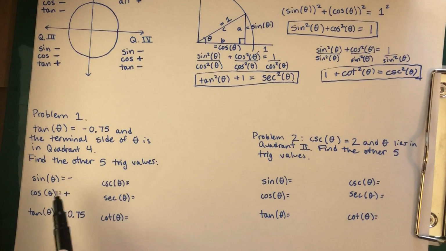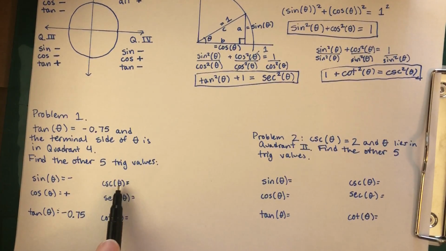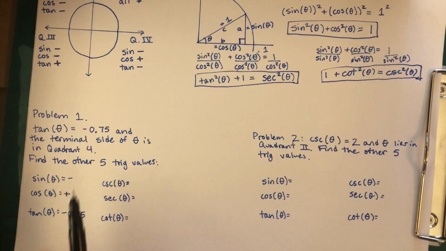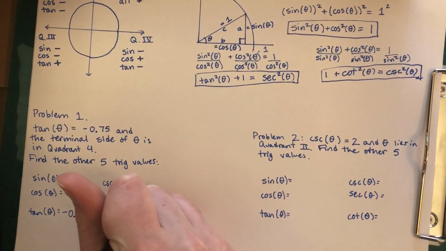And then sine and cosecant. Cosecant is 1 over sine. So they will always go together. They will always either both be positive or both be negative. Same for secant, same for cotangent.